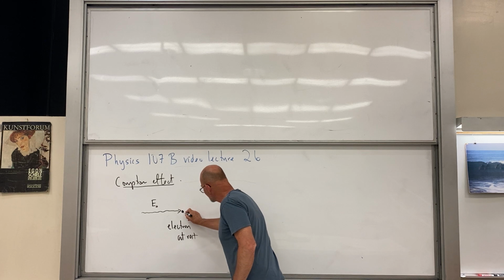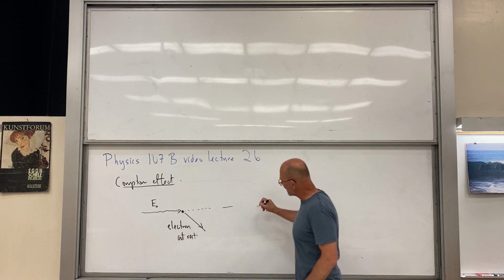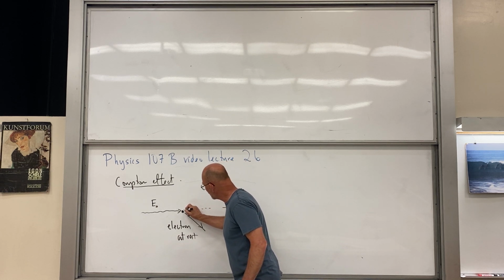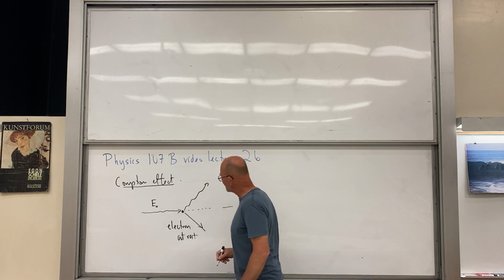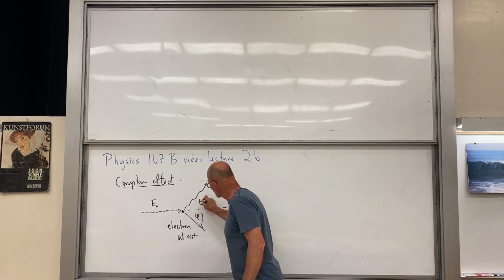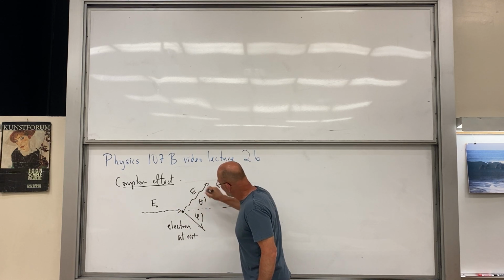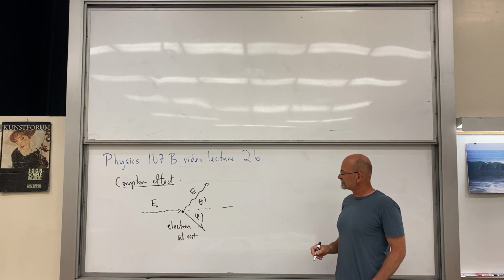The electron will be scattered in one direction here. Let's have our x-axis that way, and the photon will be scattered in another direction. We'll characterize this with phi and this with theta. The energy of the scattered photon is what we're looking for.